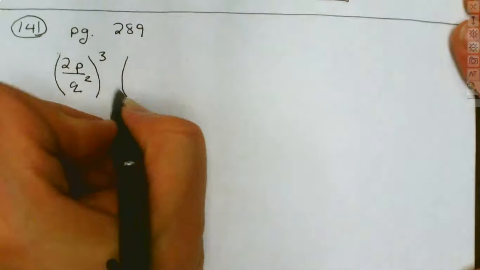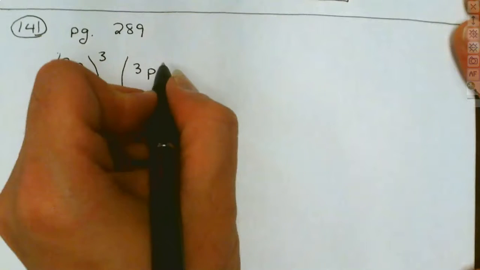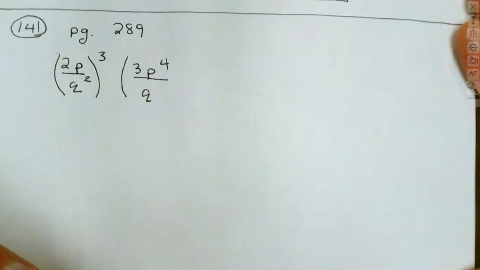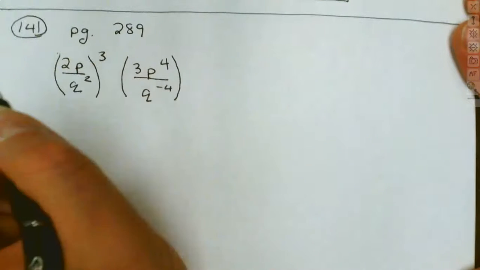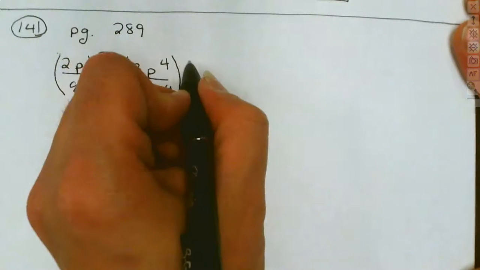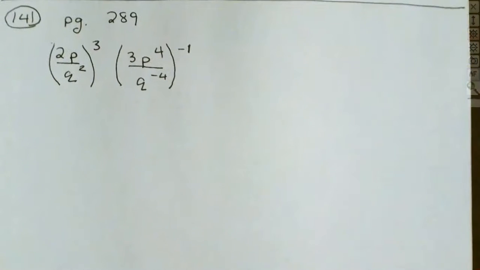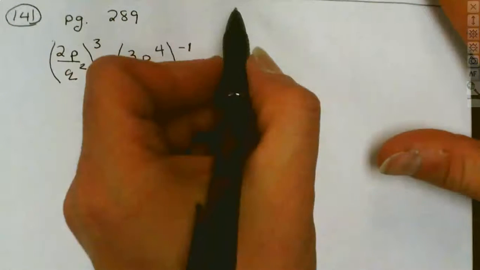And then we have 3p to the 4th over q to the negative 4th power, all raised to the negative 1st power. So we're going to work this one out very, very slowly, and we're going to make sure that we know how it is done. So we're going to do it piece by piece.